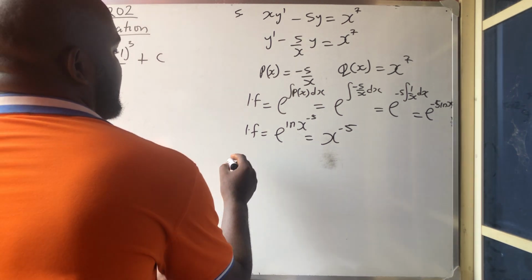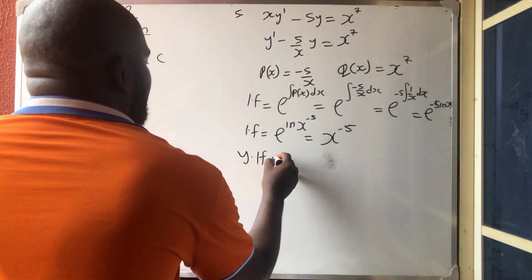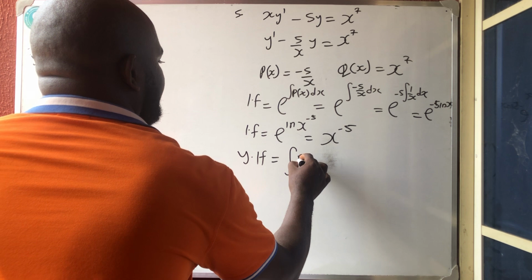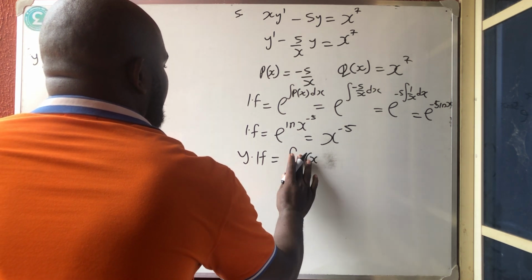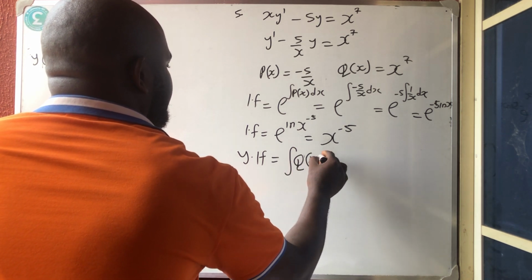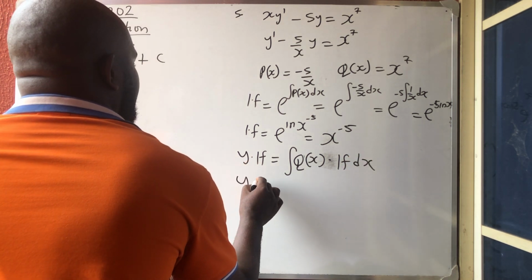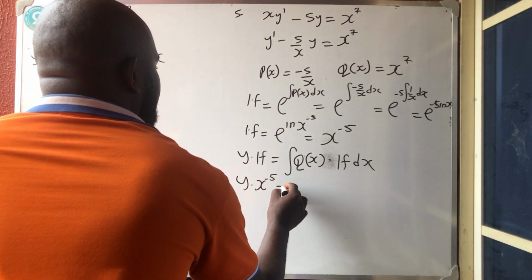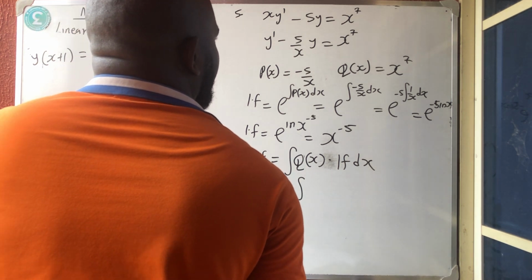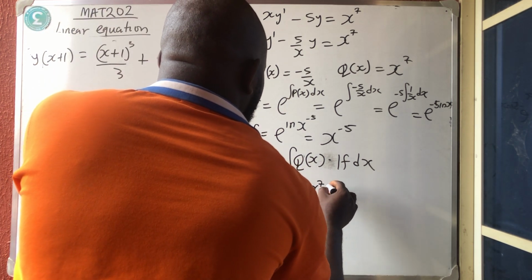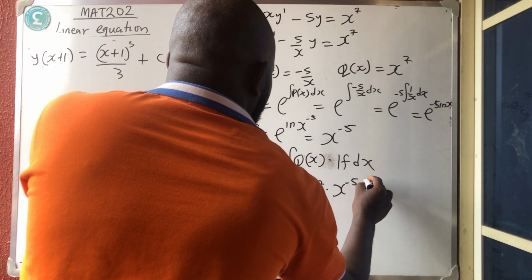Okay, so my answer becomes y times the integrating factor is equal to the integral of q of x times the integrating factor dx. So I'm having y times x raised to the power minus 5 is equal to the integral of x raised to the power 7 times x raised to the power minus 5 dx.